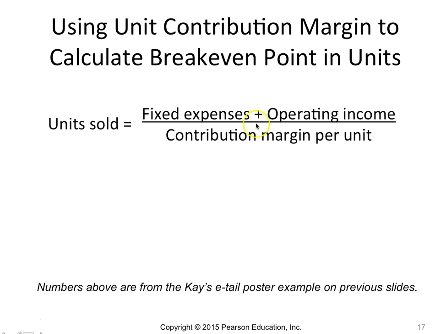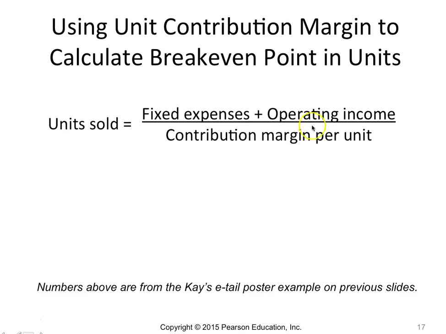So basically, this is how we rearrange so that we can find all this. You can simply replace units sold with the volume V. So volume equals fixed expenses plus operating income divided by contribution margin per unit.